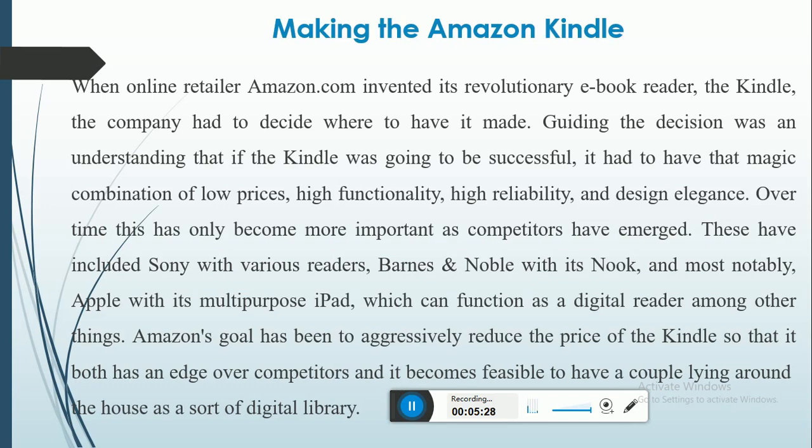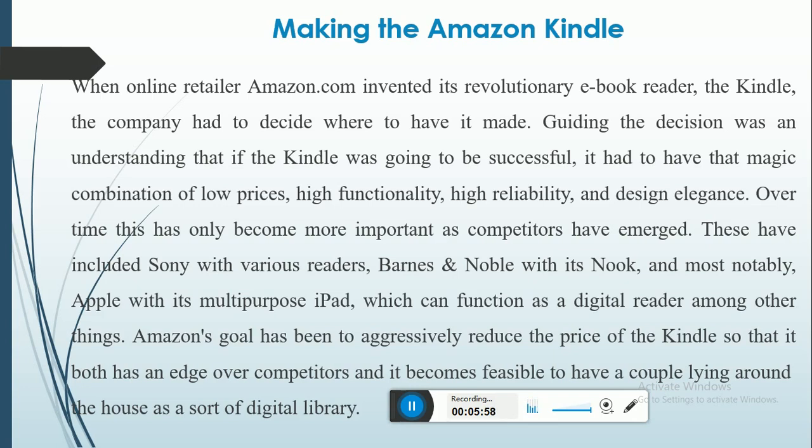So in order to reduce the price of the product and compete with the competitors, they were supposed to produce this product at a lower price with good quality. That's why they tried to produce different parts in different countries based on their absolute advantage, which we have discussed in theories of international business.